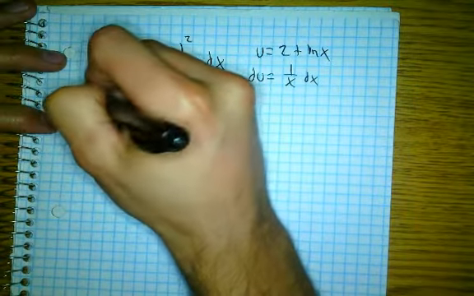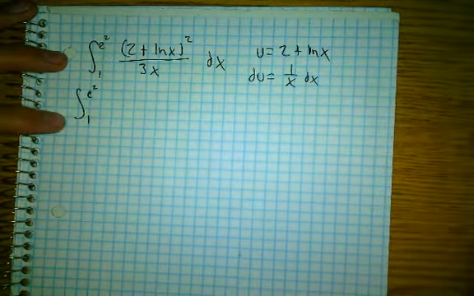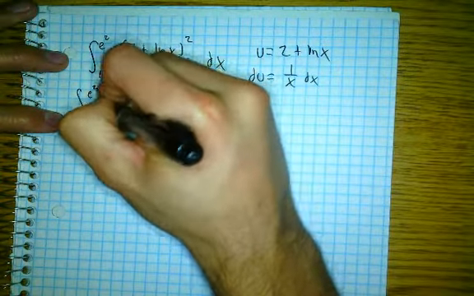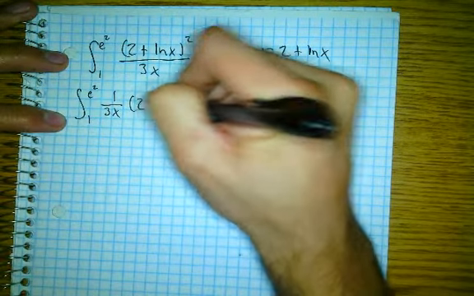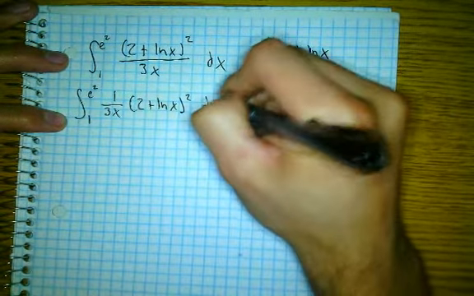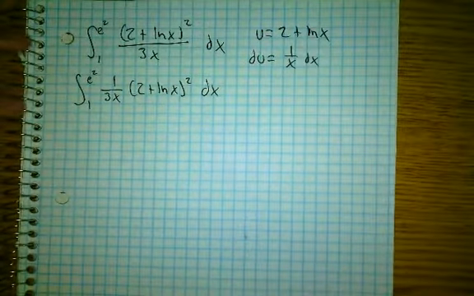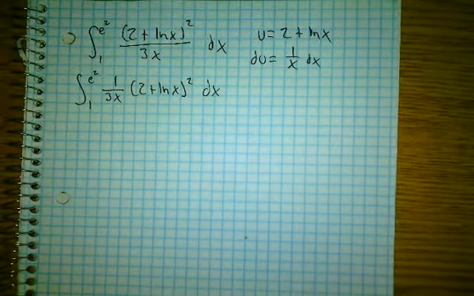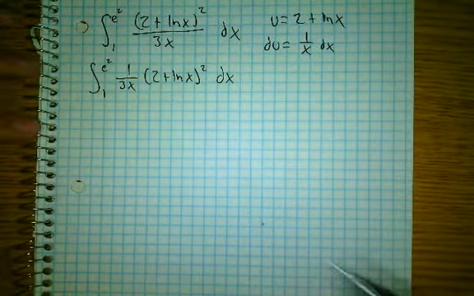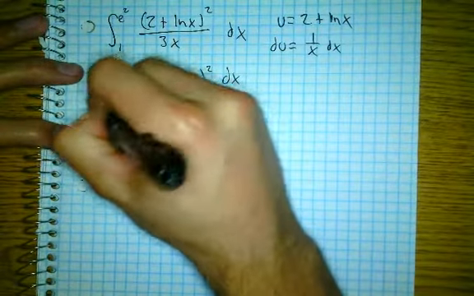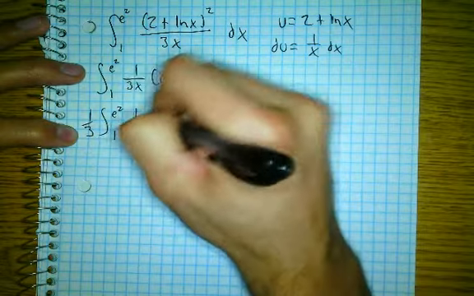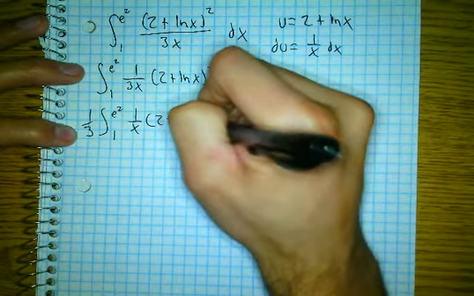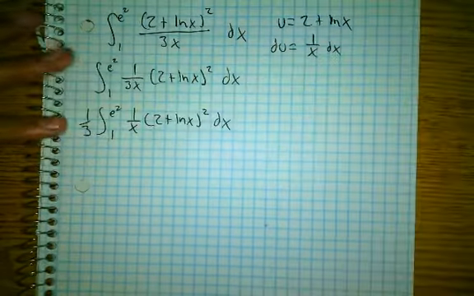We can rewrite this as the integral from 1 to e squared of 1 over 3x times (2 plus ln x) squared dx. You guys agree that's the same thing? We can take out a 1/3. Then I have the integral from 1 to e squared of 1 over x times (2 plus the natural log of x) squared dx.